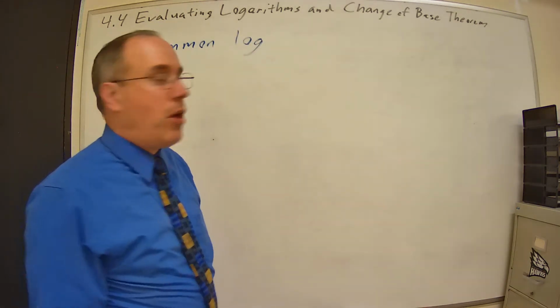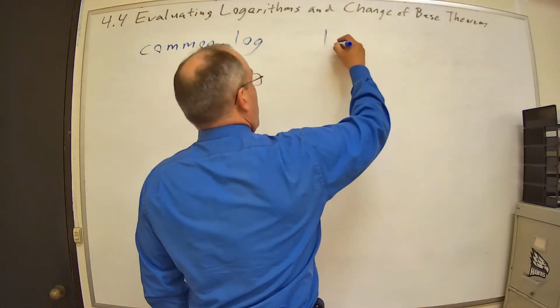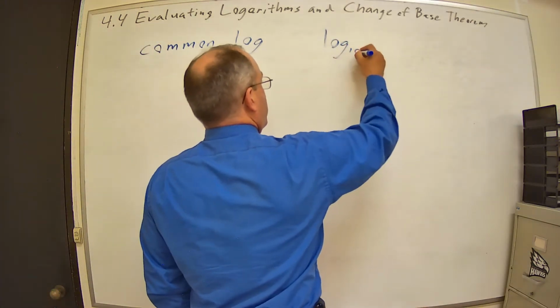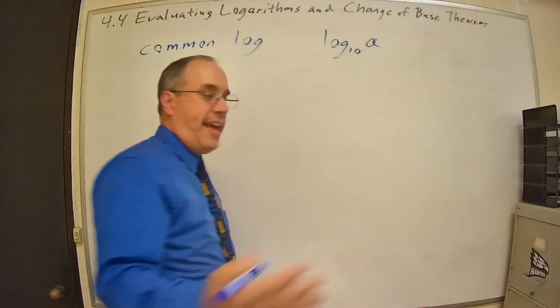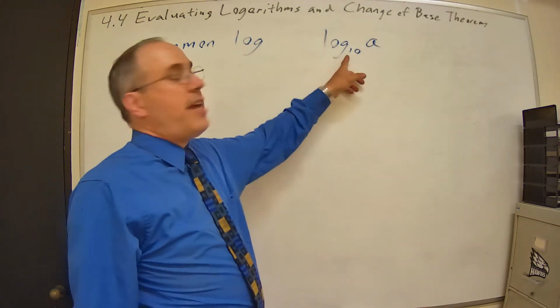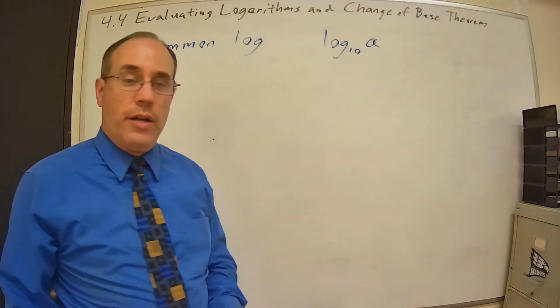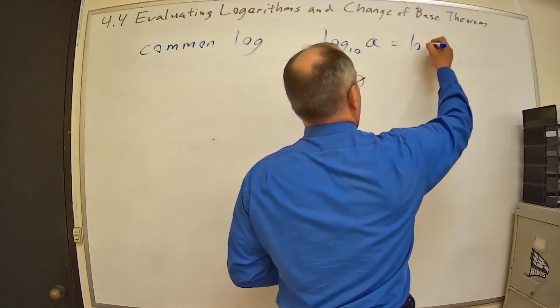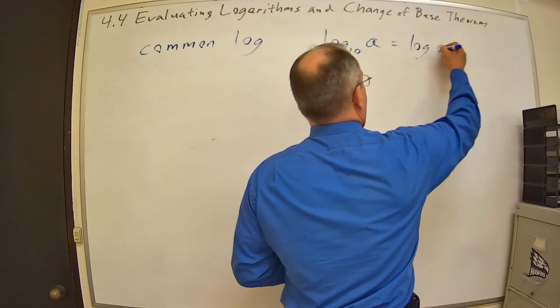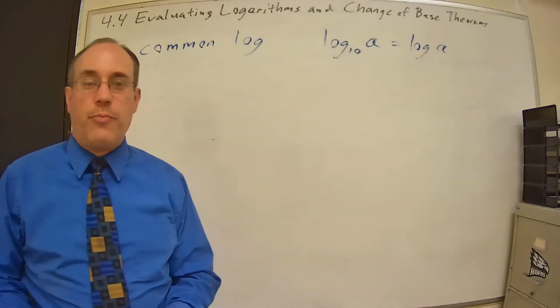The common log is log base 10. I'm going to put up A. But log base 10 is referred to as the common log, and it can be written as log without a subscript.